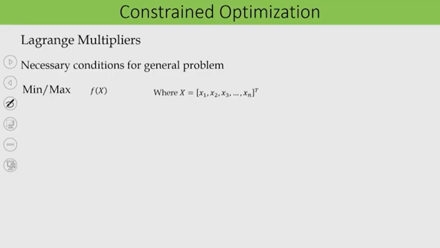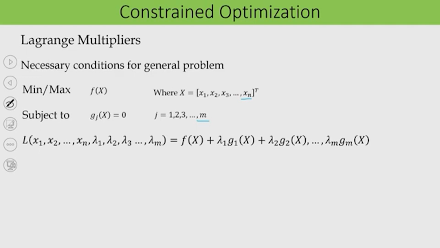Now, let us see the Lagrange multiplier method for the general problem. Suppose I have n variables and a total of m constraints. In that case, I can write the Lagrange function like this.